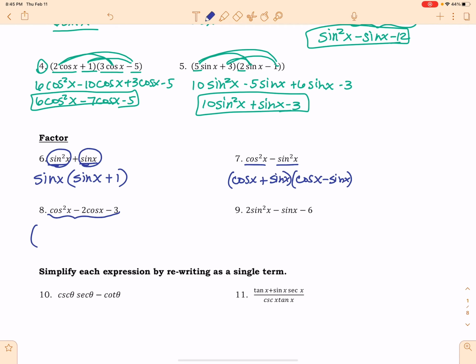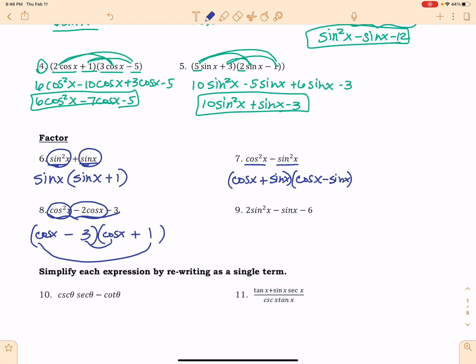It's going to factor into two binomials just like we would expect. Cosine squared x will be cosine x and cosine x. 3, of course, will be 3 and 1. So I've got a 3 cosine x here and a 1 cosine x here. If I want to combine those to get a negative 2 cosine x, I have to have the negative in front of the 3 and the positive in front of 1.